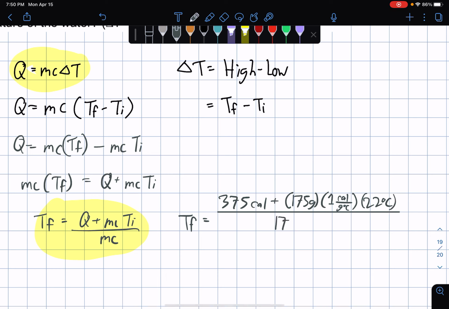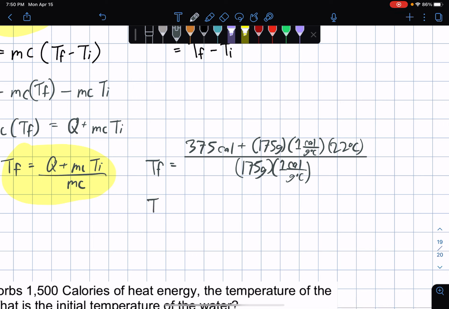How about the grams below? The same thing, as well as the specific heat. All good. So in the numerator, 375 plus 175 times 1 times 22, that is 4,225.